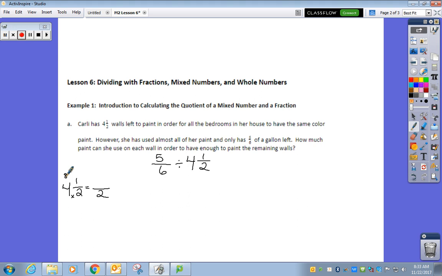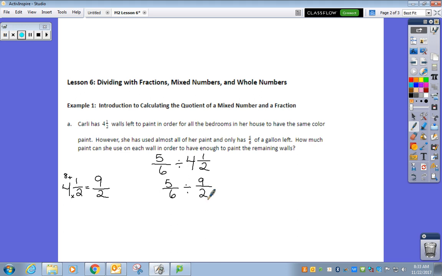I then also have to add on the numerator that's there, so 8 plus 1 is 9. So 4 1/2 is the same thing as 9/2. I'm just going to rewrite this problem using the 9/2, so it now turns into 5/6 divided by 9/2.